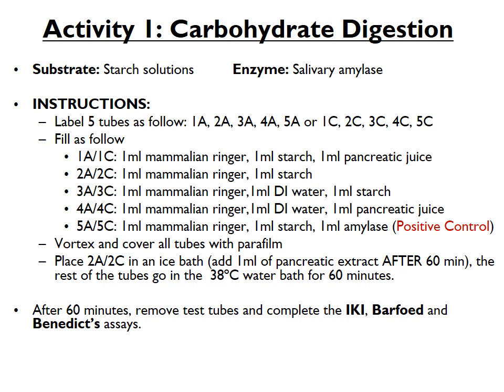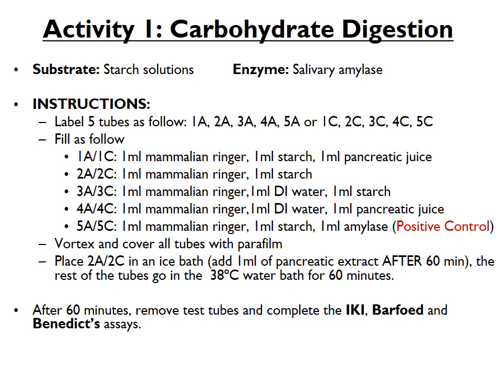Remember, 5A or 5C is usually the positive control, and you usually add the enzyme directly to the starch. After that, you incubate 2A or 2C in ice baths, while you put the rest in a water bath at 38 degrees centigrade for 60 minutes.